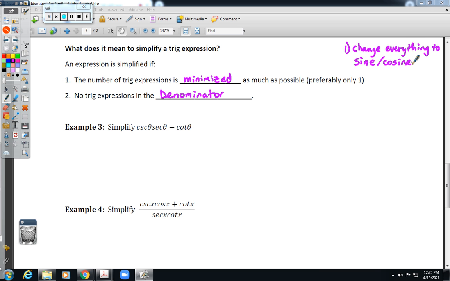So when we look at cosecant times secant minus cotangent. Cosecant is 1 over sine. Secant is 1 over cosine.